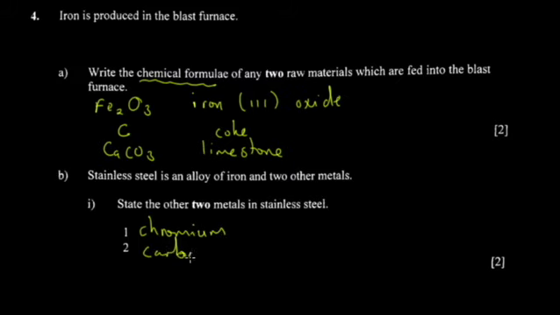Okay, so stainless steel involves chromium and also carbon. Okay, and if it's just steel, it's iron and carbon. If it's stainless, then you have to include chromium here. Let's quickly move to the next part.